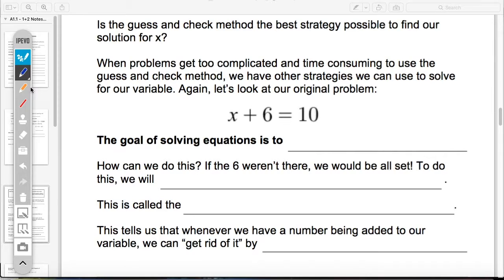Again, let's look at our original problem, x plus 6 equals 10. So our goal in solving equations, okay, it doesn't matter which level of the standard we're dealing with, is to isolate the variable.